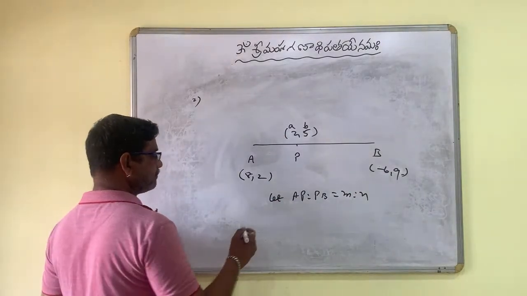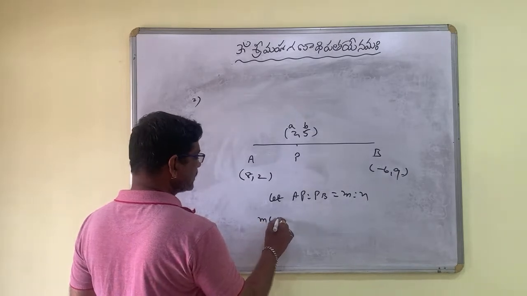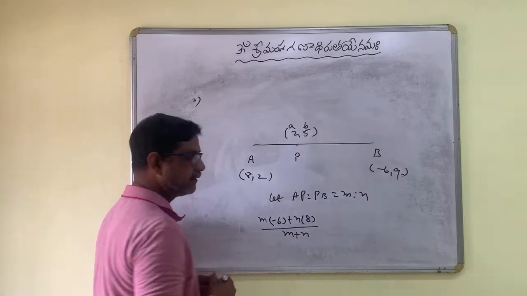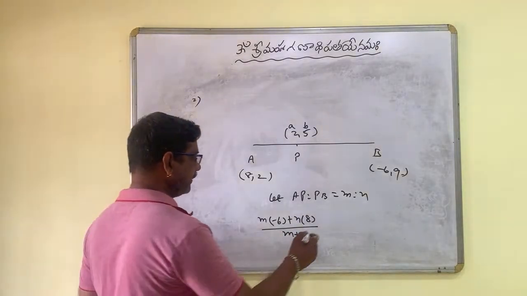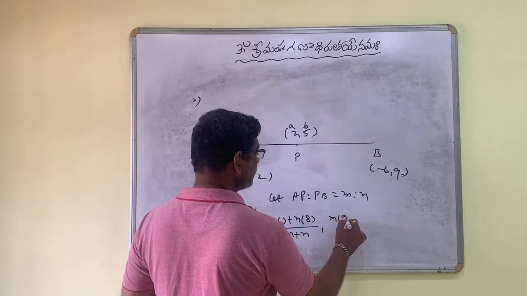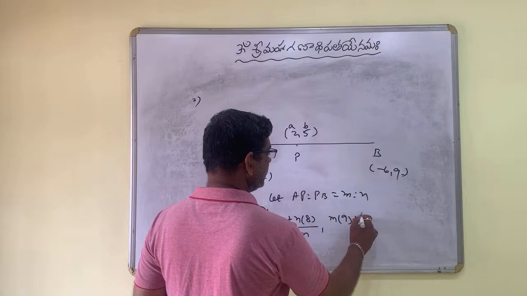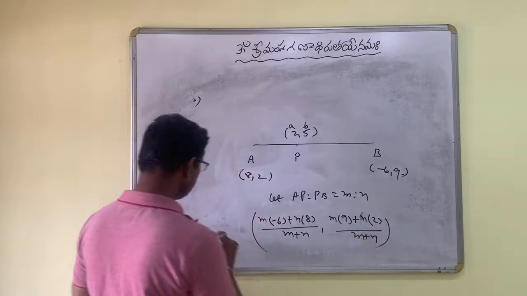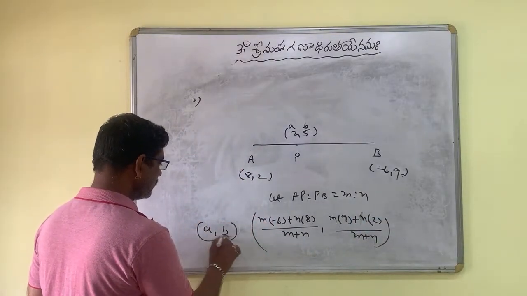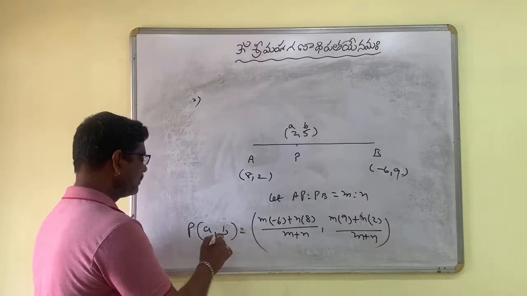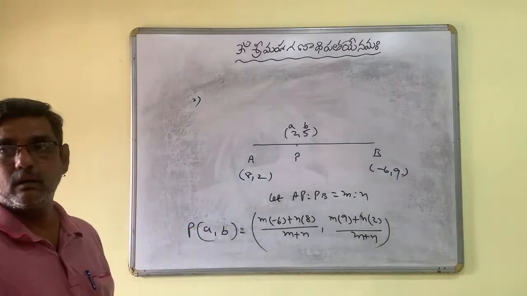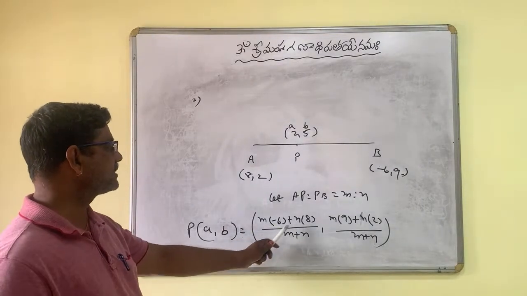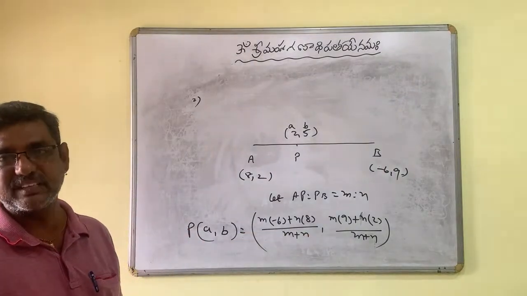Now apply the formula: mx2 plus nx1 by m plus n, then my2 plus ny1 by m plus n. See children, P(A comma B) is equal to mx2 plus nx1 by m plus n, my2 plus ny1 by m plus n.